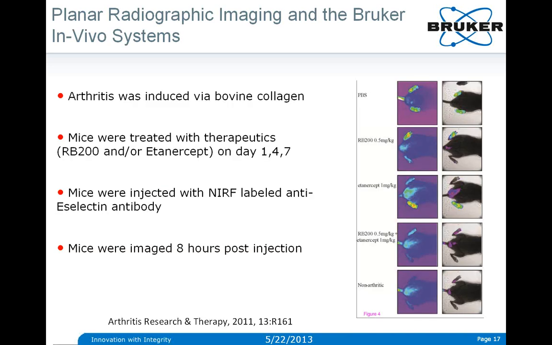This is a published example from Arthritis Research and Therapy from 2011, showing the potential for multimodal bone imaging application. In this example, the group is working with an arthritis model that has been induced using bovine collagen, so essentially a rheumatoid arthritis mouse preclinical model, and then they have treated the mice either with PBS or different combinations of therapeutics.